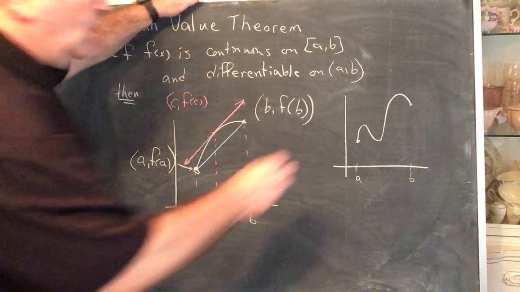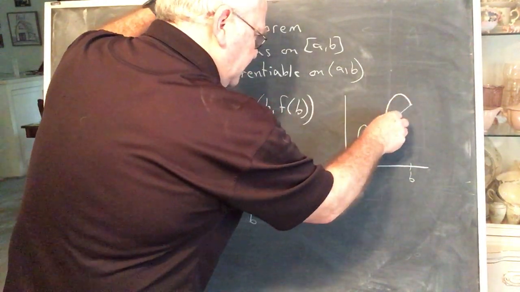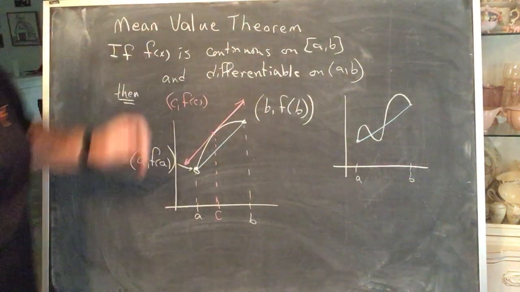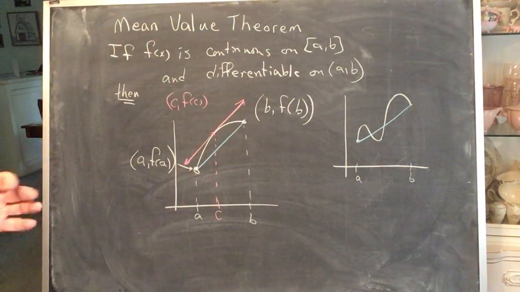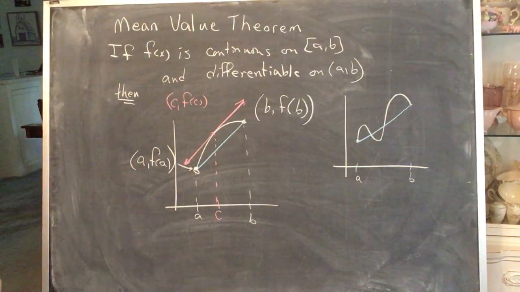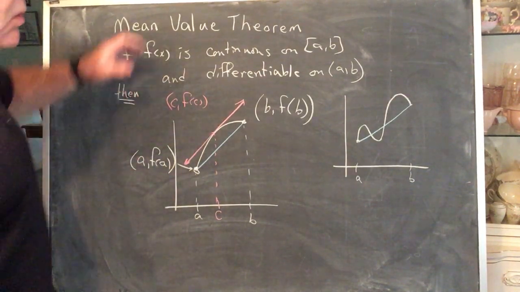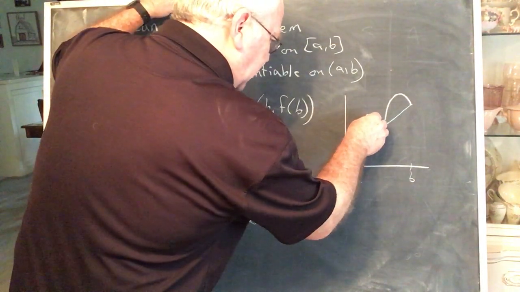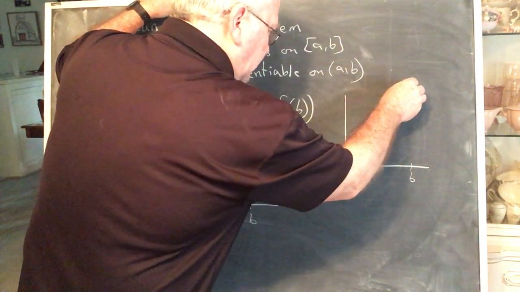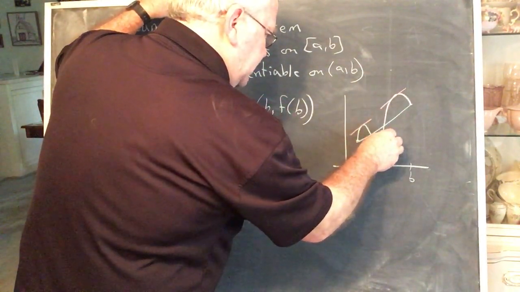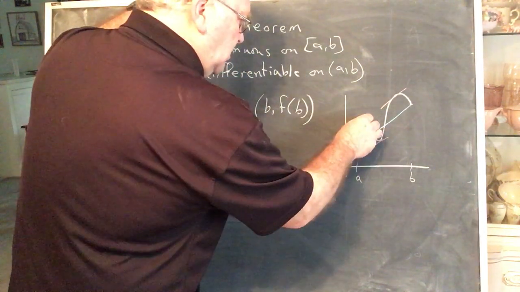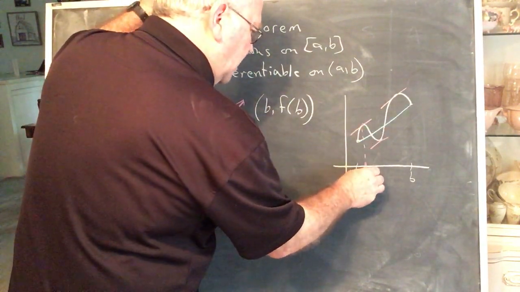Well, here's our secant line. There must exist at least one. There may be more. In this case, there are more than one. But there must exist at least one point where the tangent line is parallel to the secant line.